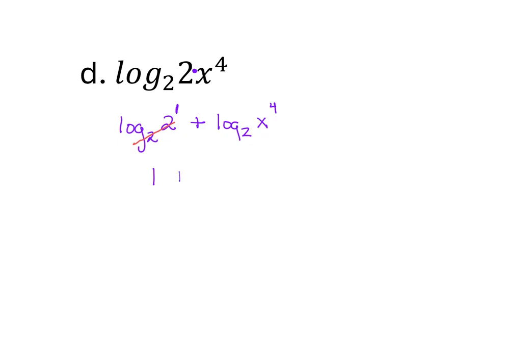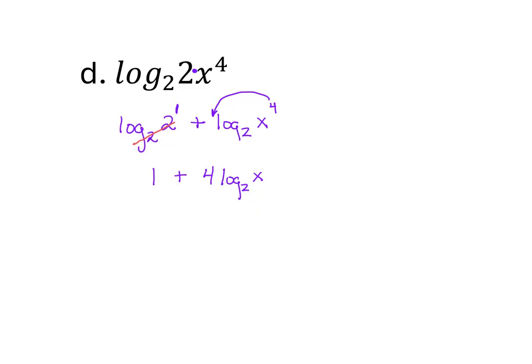In my second term, we have an exponent, and so I can move this down to the front, and this becomes 4 log base 2 of x. We cannot do anything further with this. We have 1 plus 4 log base 2 of x. The numbers do not combine, because the only way we combine them is if both of them are log base 2 of x's. All right, that takes care of this one.